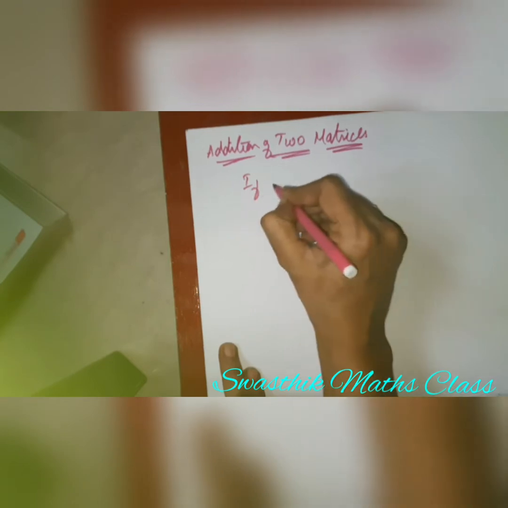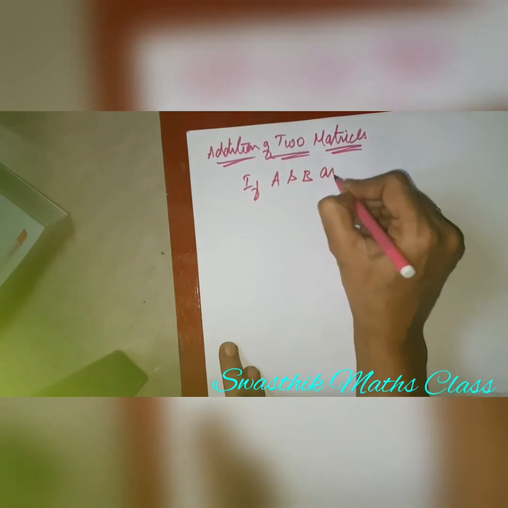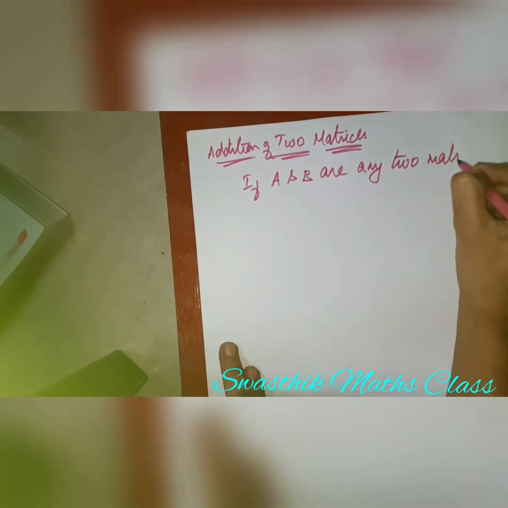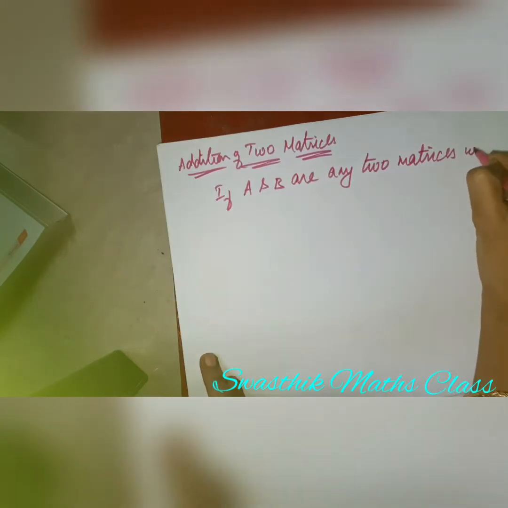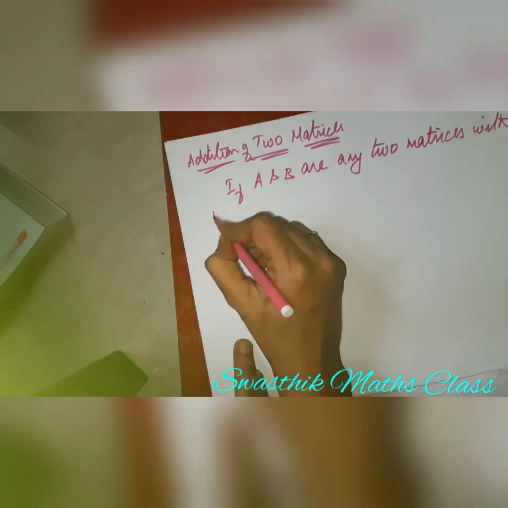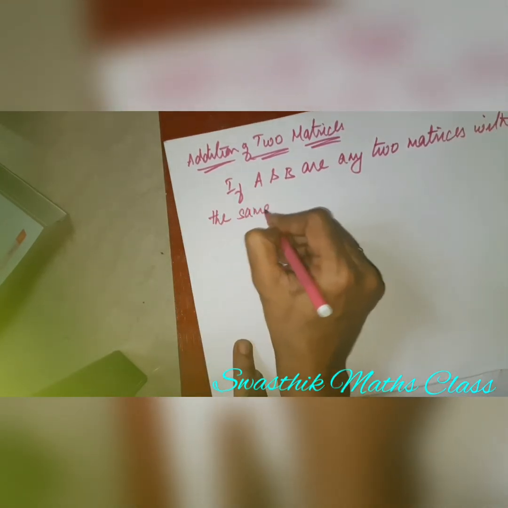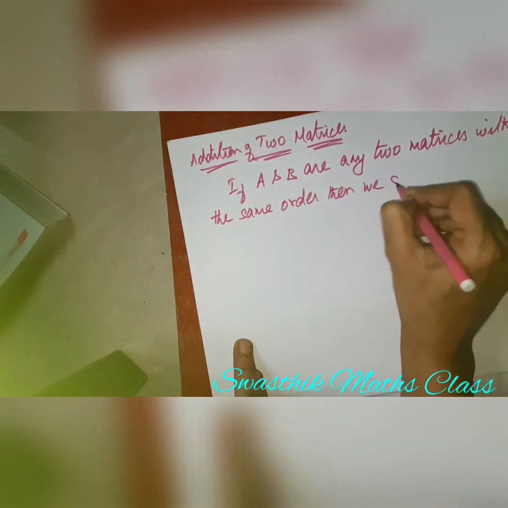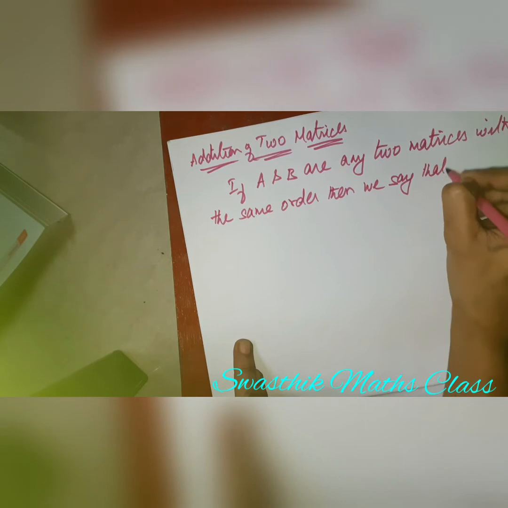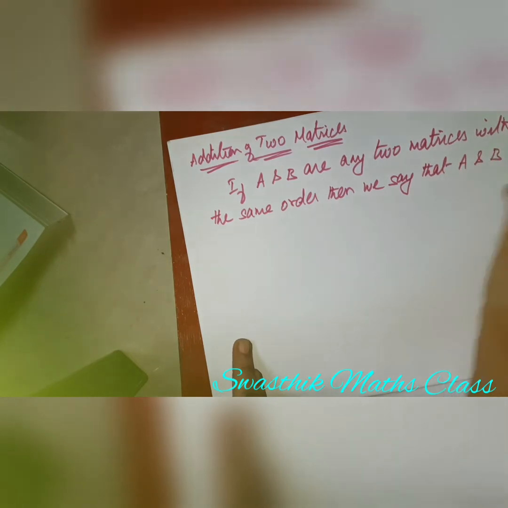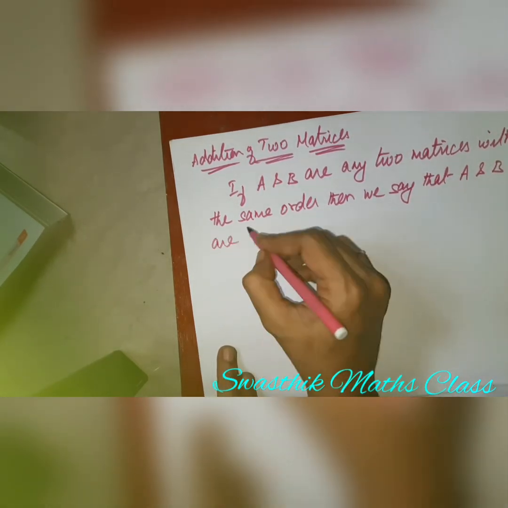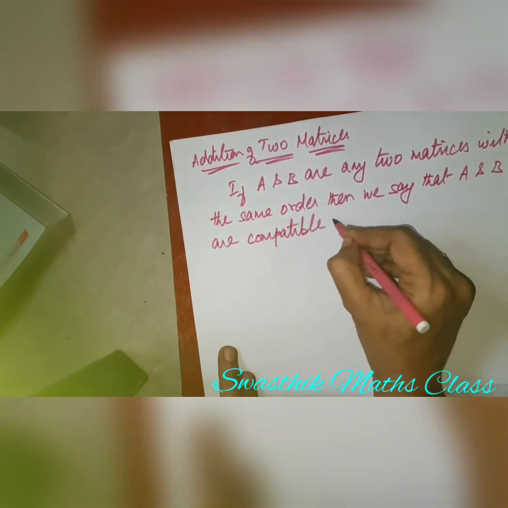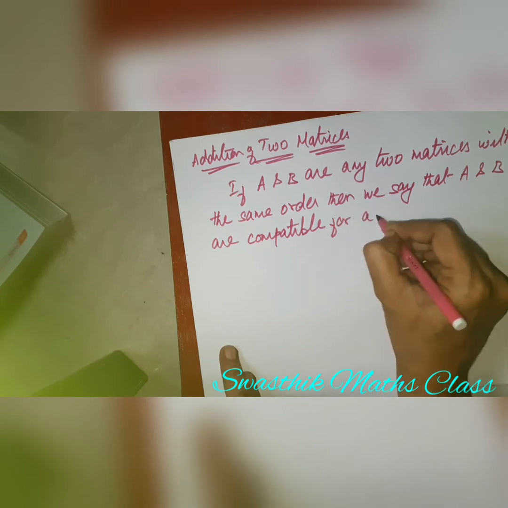If A and B are any two matrices with the same order, then we say that A and B are compatible for addition.